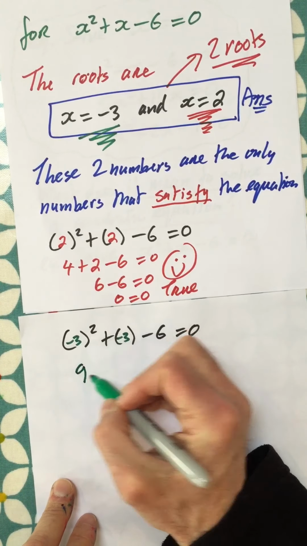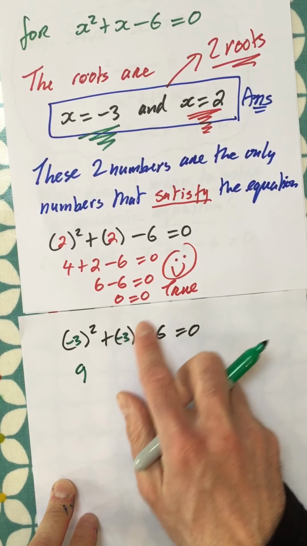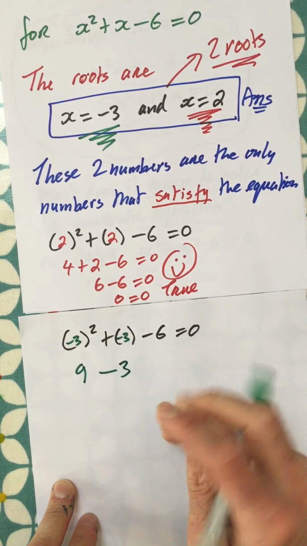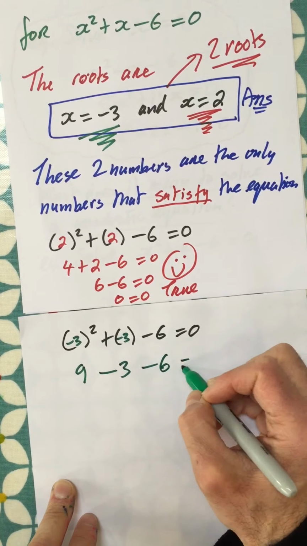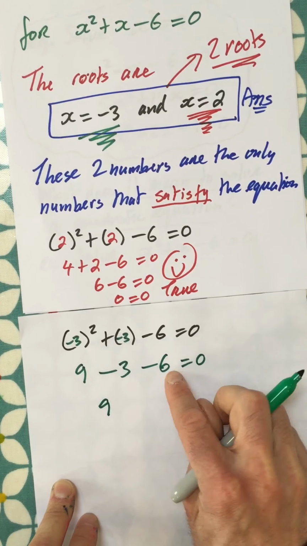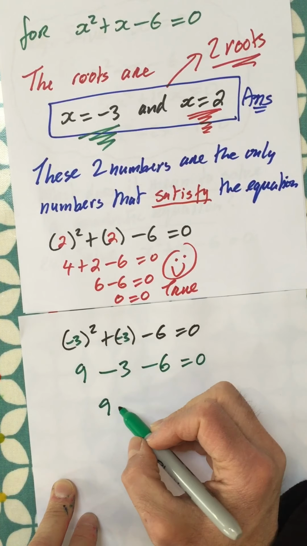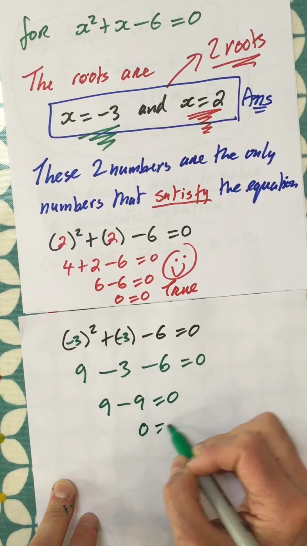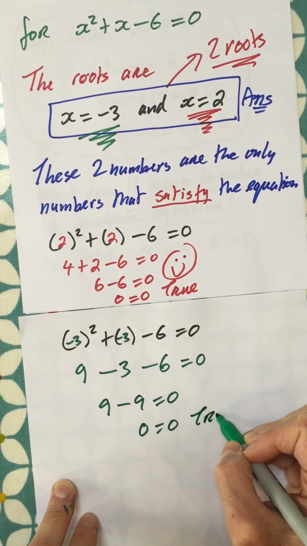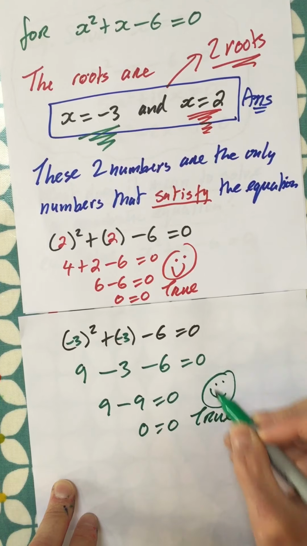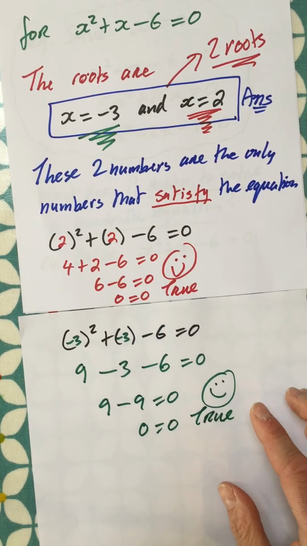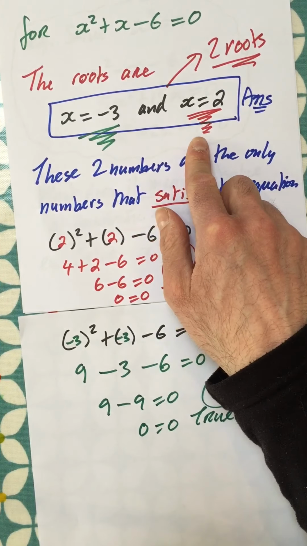So this thing becomes a 9. Here we've no square, but a plus multiplied by minus is a minus 3. And then we've got a minus 6. And if I get my minuses together, minus 3, minus 6, of course, when you add them, it's minus 9. And 9 take away 9 is 0. So this one is also true. So we've just proven that these numbers do indeed work for this equation.